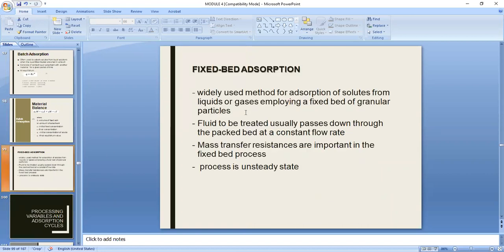Now, we go to fixed bed adsorption. This is a widely used method for adsorption of solutes from liquids or gases employing a fixed bed of granular particles. In here, the fluid to be treated usually passes down through the packed bed at a constant flow rate.